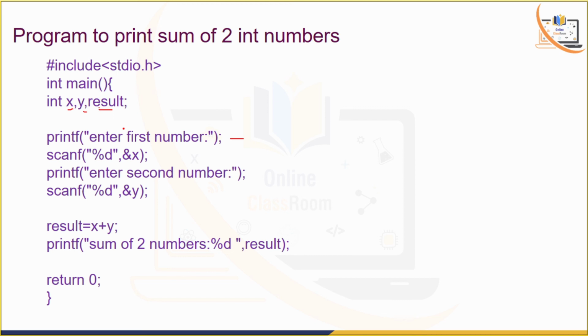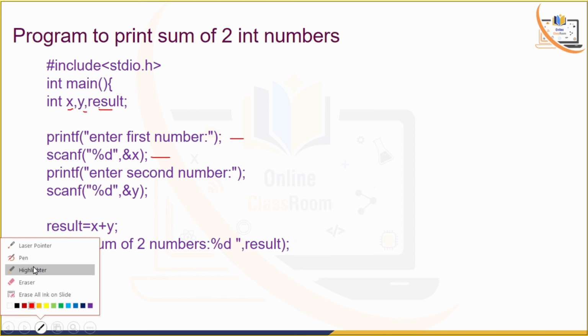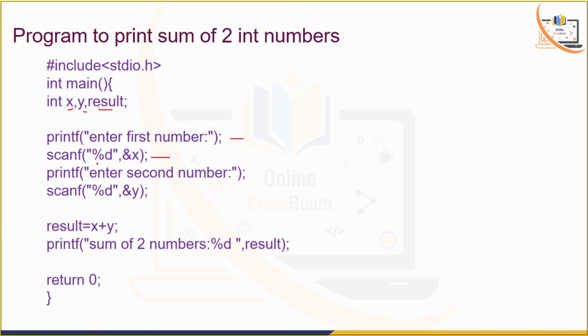So what is my step by step objective? At first I have to take two numbers from the user. So enter the first number, that's why there is a scanf function, right? And enter the second number, again there is another scanf for the second number, so this is nothing but y.